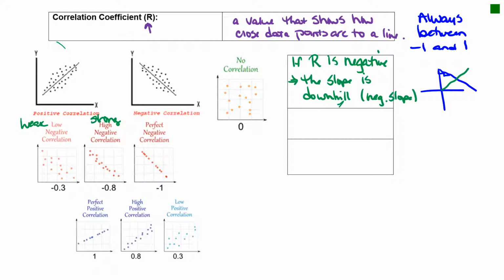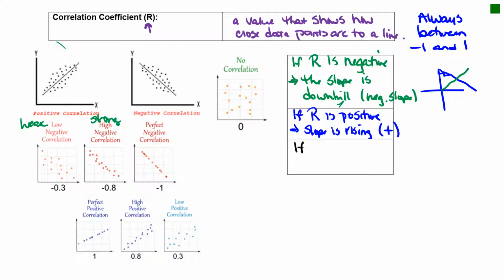So that's a negative correlation. If R is positive, what's that tell us about the slope? The slope is rising, and it is a positive slope.